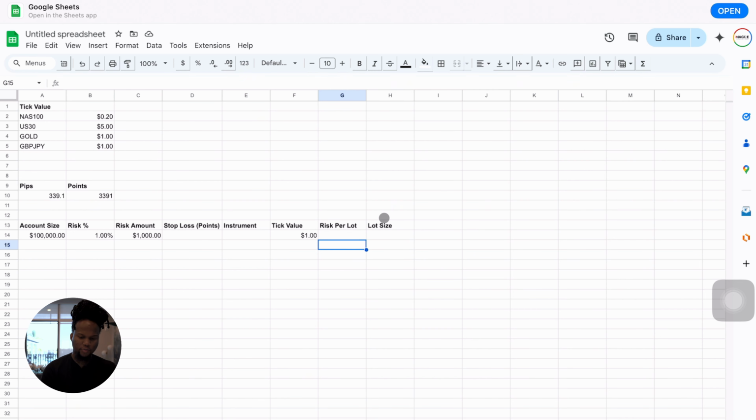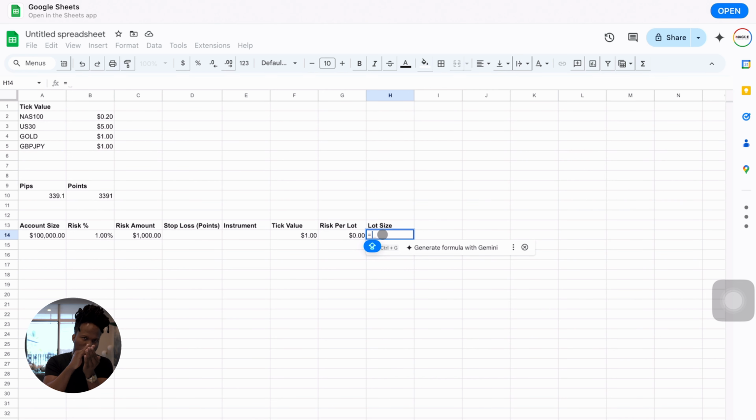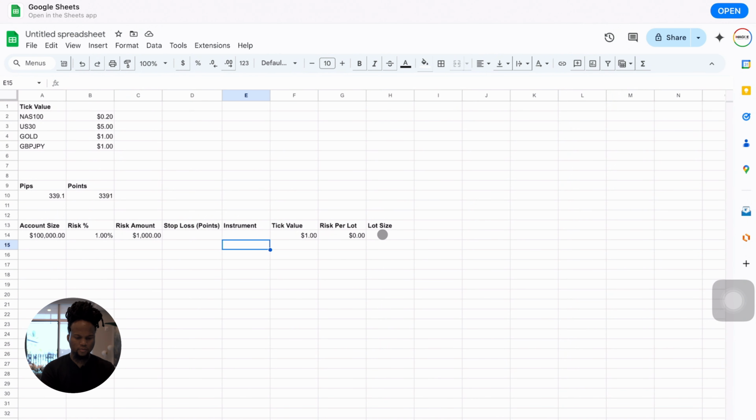So let me get the risk per lot. The risk per lot is going to be the tick value times the stop loss in points, right? What the risk per lot does is, you see the stop loss area, for example, if the stop loss area is 20 pips for GBP JPY, right?